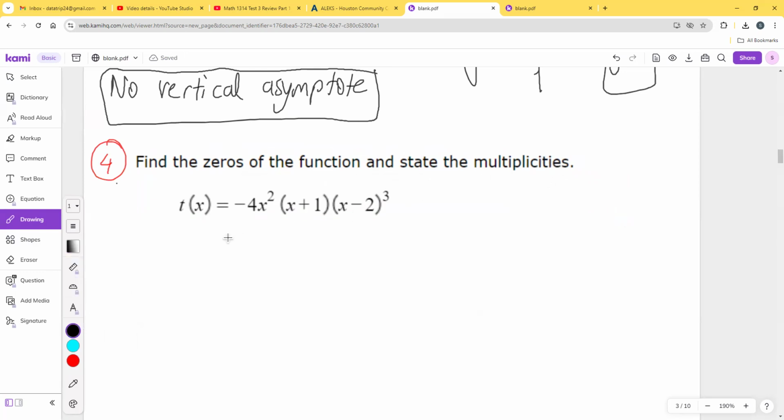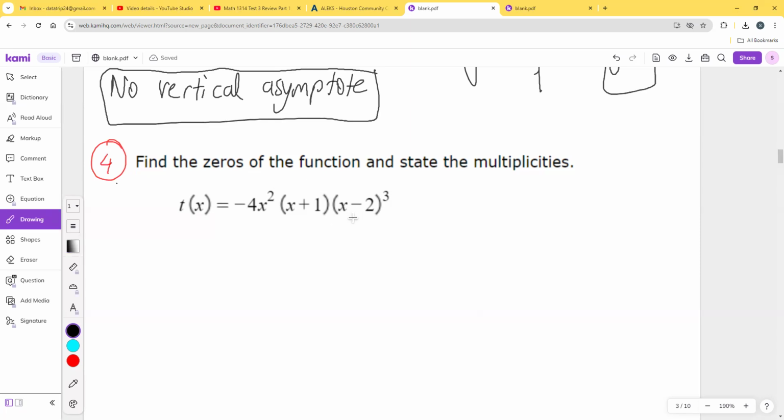Is there anybody who's ready to answer this, after we went over this question in college algebra class as well? How do you find the zeros? Let's start from the x minus 2.